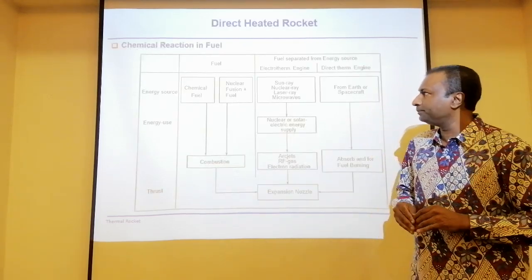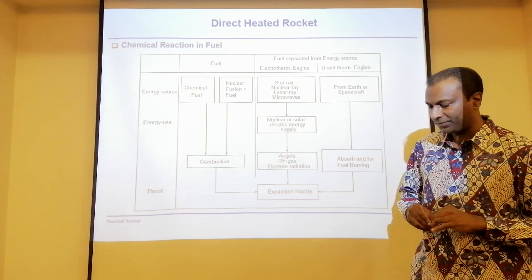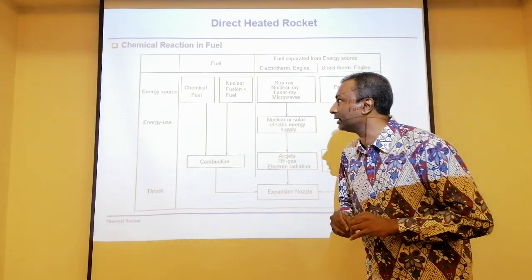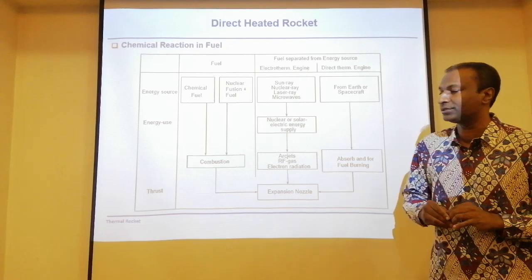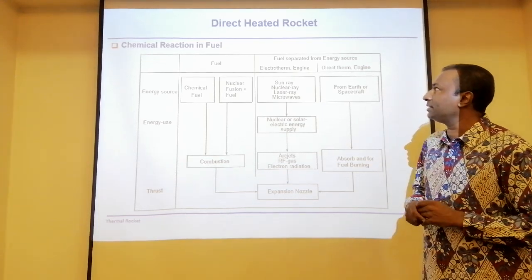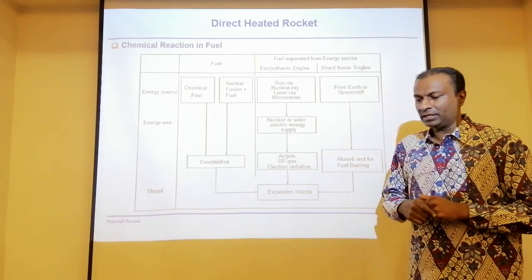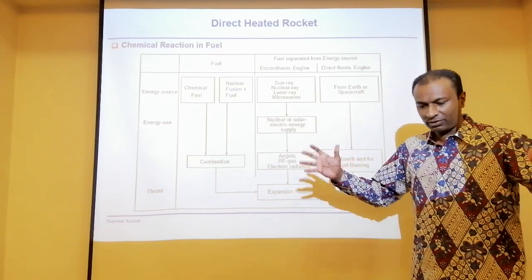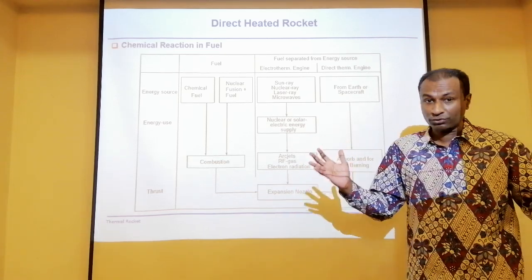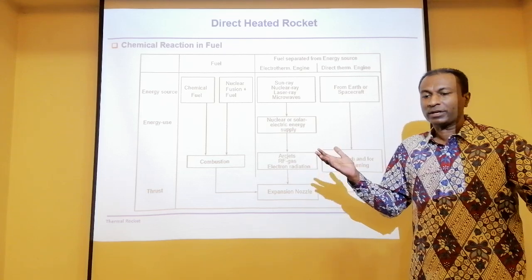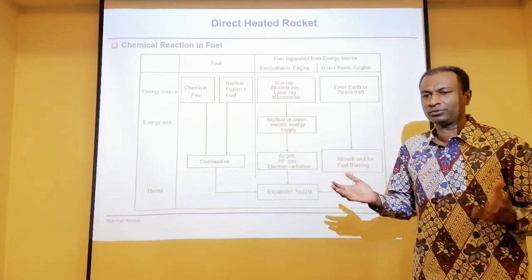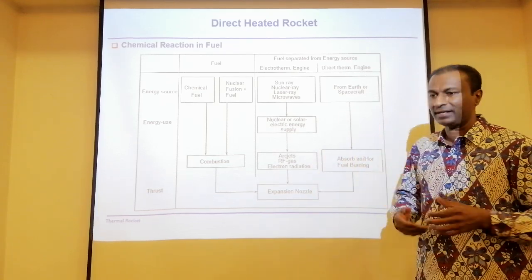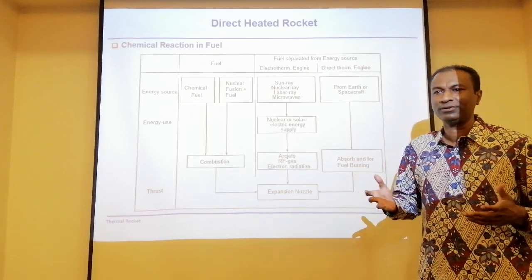All right, now if you look at a rocket business, if you look at chemical reaction in fuel, which is basically directly heated rockets. So if you can imagine, if you have a rocket engine, you have fuel already, definitely. So you need to actually burn the fuel, so to say. There are methods where you directly heat the fuel, or direct heated rocket, you call it.